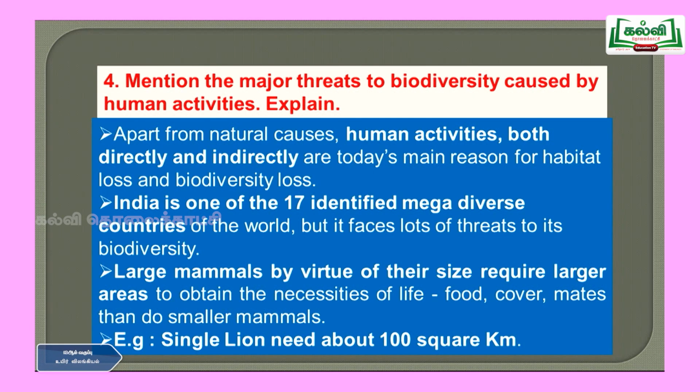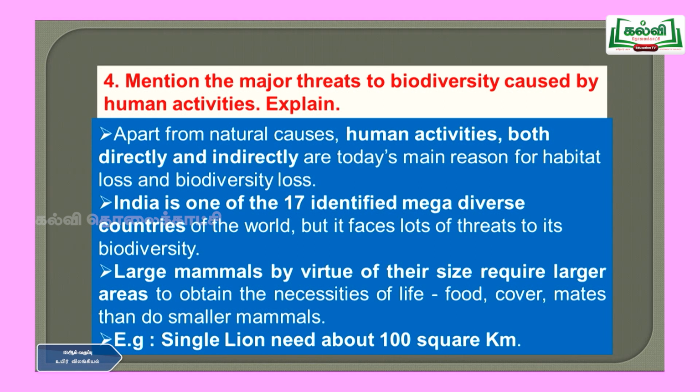Then the fourth one: mention the major threats to biodiversity caused by human activities, and explain. So apart from natural causes, human activities, both directly and indirectly, are today's main reason for habitat loss and biodiversity loss. India is one of the 17 identified megadiversity countries of the world, but it faces lots of threats to its biodiversity.